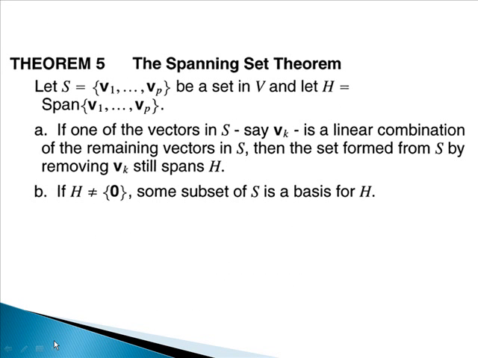Part A says if one of the vectors in S, let's say v sub k, is a linear combination of the remaining vectors in S, then the set formed from S by removing that vector still spans H. And then part B says if H is not equal to just the zero vector, then some subset of S is a basis for H.